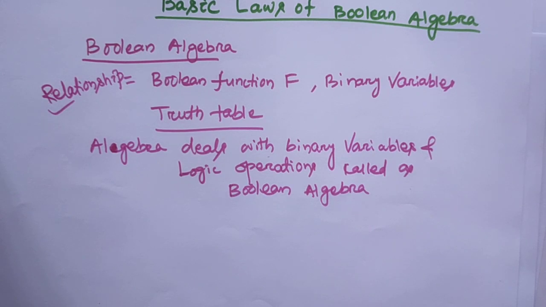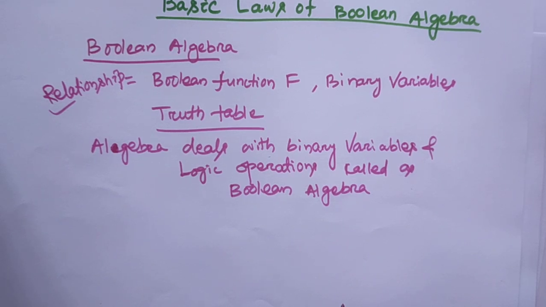First of all, we make some relationship among a Boolean function and binary variables, which creates that relationship in a truth table. Once a truth table is created, it relates the Boolean functions as well as the binary variables.